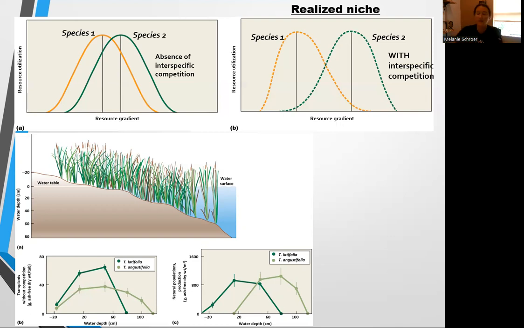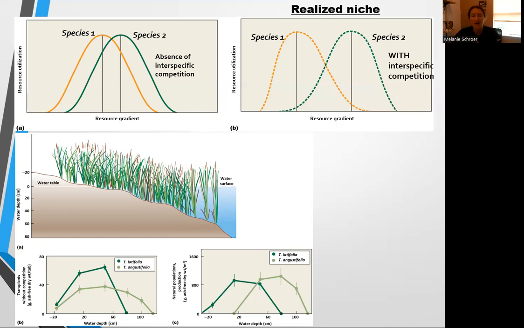And so when these populations are existing together, we see that latifolia generally takes the deeper water and angustifolia generally takes the higher part of the gradient. Okay, so the other way around. So angustifolia is deeper in the water here and latifolia is up on dry ground more of the time.